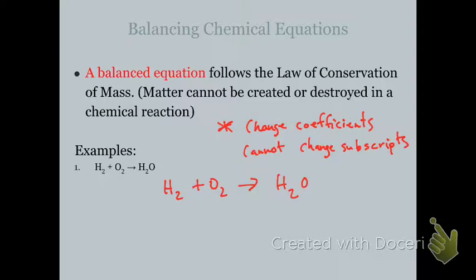Each element should have the same number of atoms on each side, on the reactant and product side. So if you look here, the one that's unbalanced is oxygen. Here I have 2 oxygens on my reactant side and 1 on my product, right? And so it's unbalanced. All right, so what can we do?